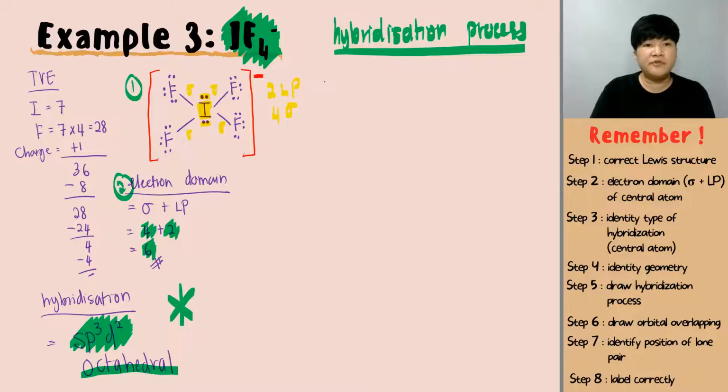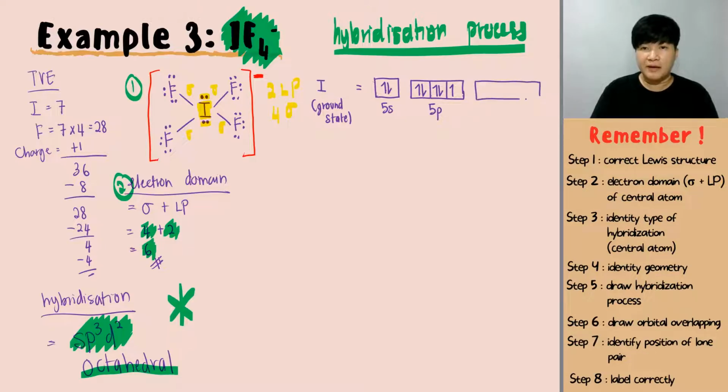As always, we will start off with the iodine ground state, where the valence electrons of iodine are located in 5s2, 5p5. And obviously, we need a d orbital even though at this moment it is empty.